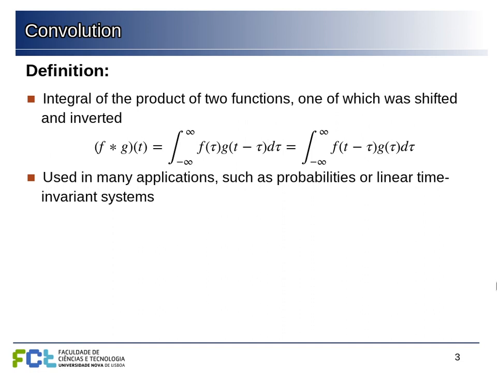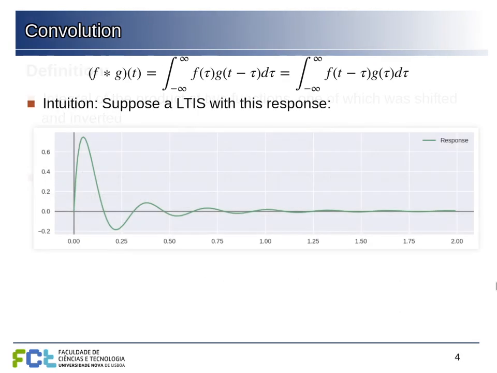And this is commutative, so you can change which one gets inverted, so t minus tau and tau, and which one is first or second. This is very used in many applications, for example, in these linear time invariant systems, but from the definition itself, it seems something that is very strange and hard to understand, so it's better to look at an example.